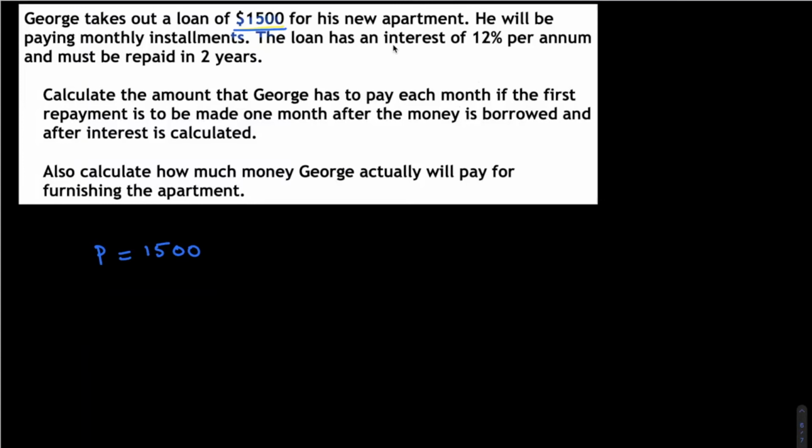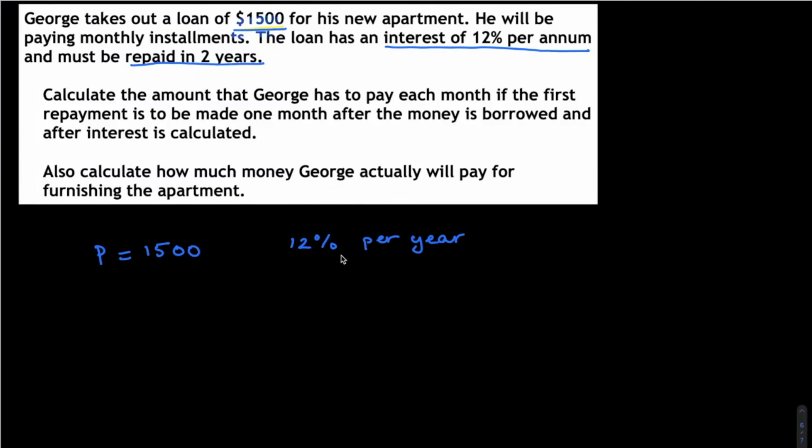Second thing, it says the loan has an interest of 12% per annum, and must be repaid in 2 years. All right, that is the second important part. So I'm going to write it here. So 12% per year. Okay. That's what annum means, per year. Annually, annum, same thing. Okay. That is another part.